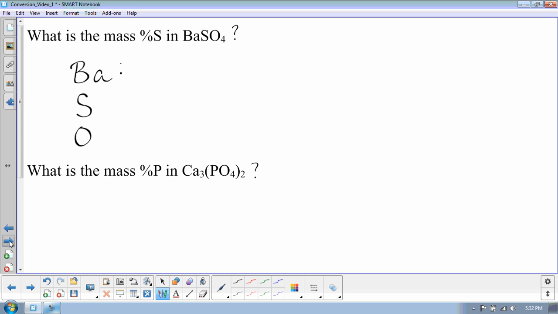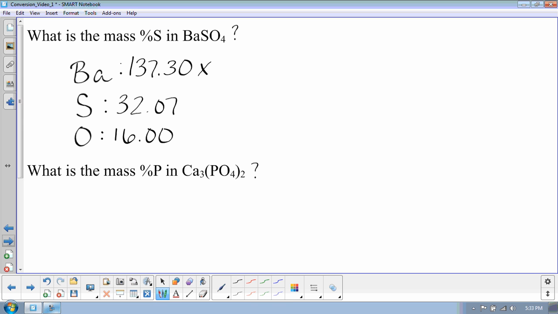So Ba is barium, and barium has a mass of 137.3. And sulfur has a mass of 32.07. All of these numbers are, again, coming off the periodic table. We're simply finding the molar mass. And oxygen is 16.00.